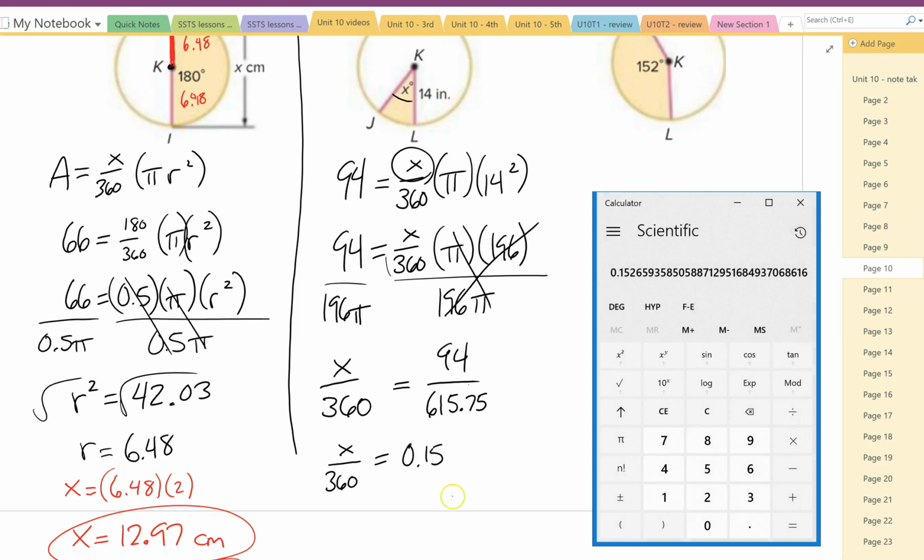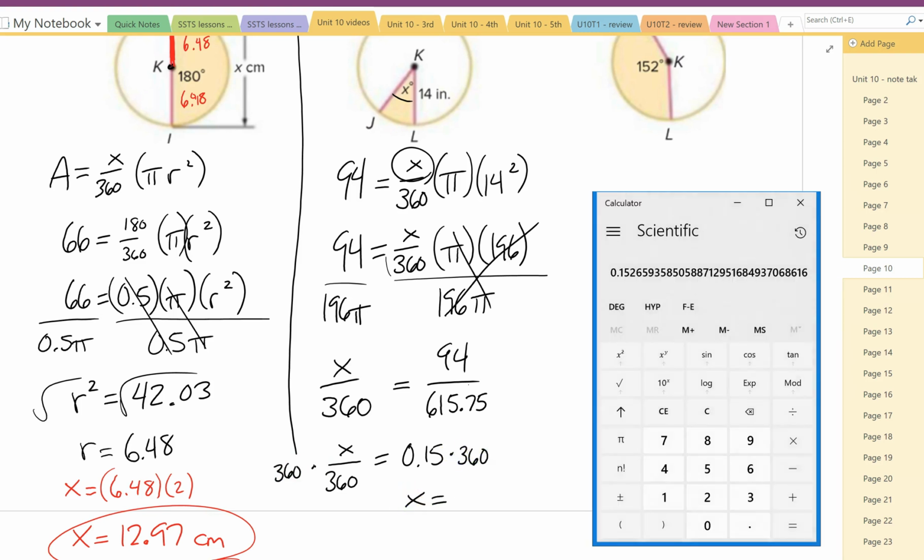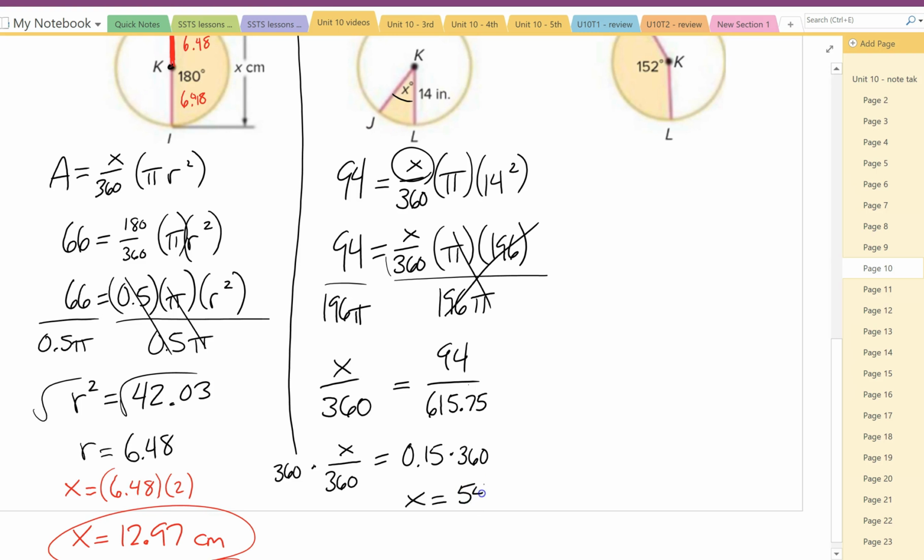Yeah, we'll just leave it as that. Now I want to know x, so I'm going to multiply by 360 on both sides to get x by itself. X here would be this times 360. 54 point, we'll call it 54.96. And because we're talking about an angle here, it's degrees.